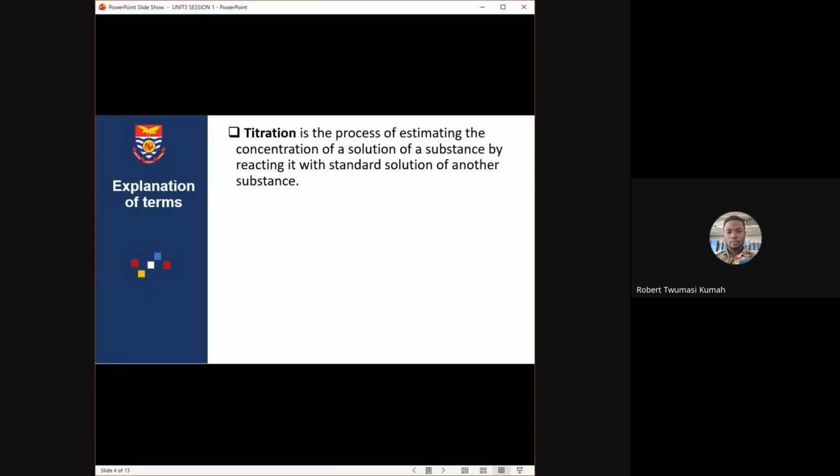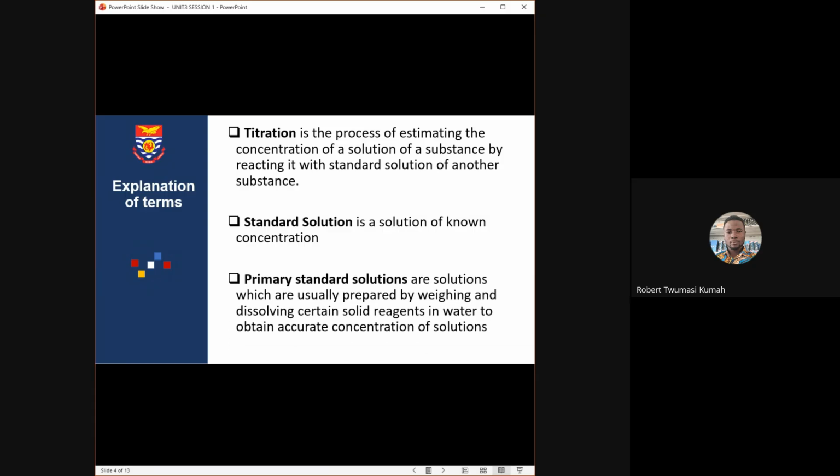Then through the known, we can get to the unknown. And so standard solution, like I've said already, is a solution of known concentration. If the concentration is not known, it's not a standard solution. And primary standard solutions are solutions which are usually prepared by weighing and dissolving certain solid reagents in water to obtain accurate concentration of solutions.